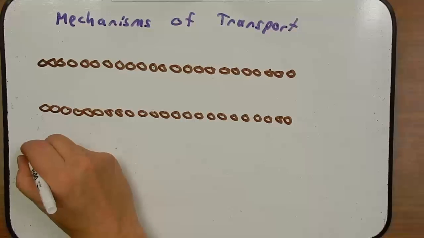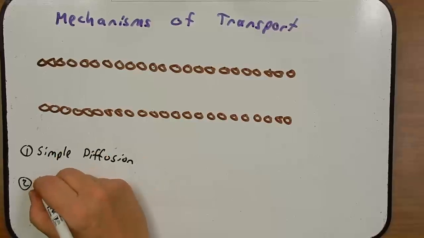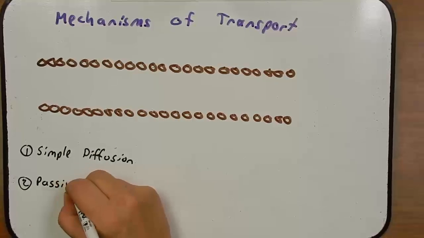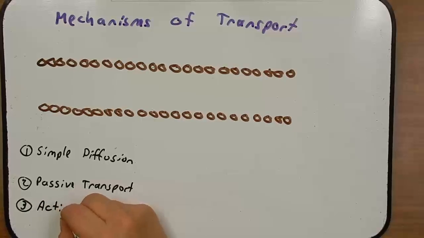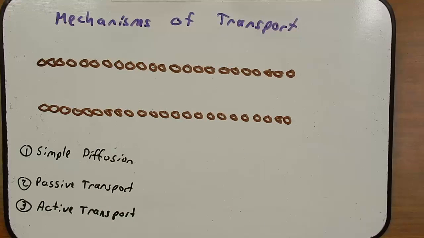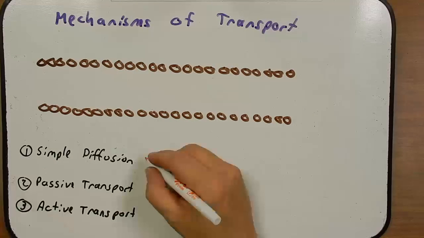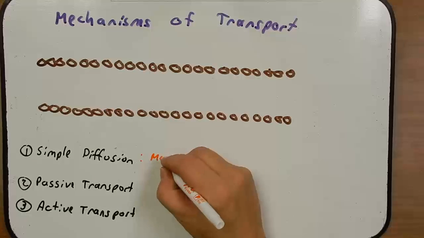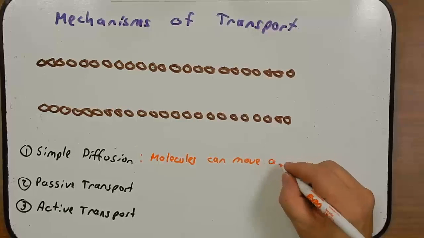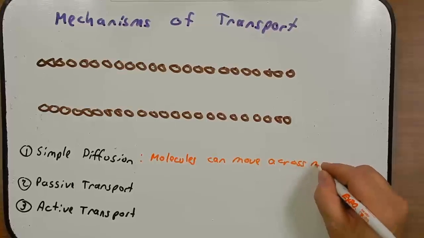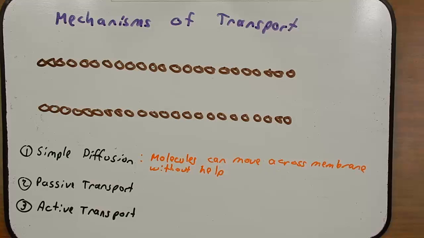So I want to make sure we talk about simple diffusion, passive transport, and active transport. We'll start with simple diffusion. When we talk about simple diffusion, we mean that molecules can move across the membrane without help, meaning proteins don't have to help move it.